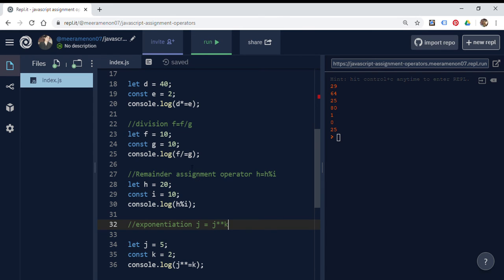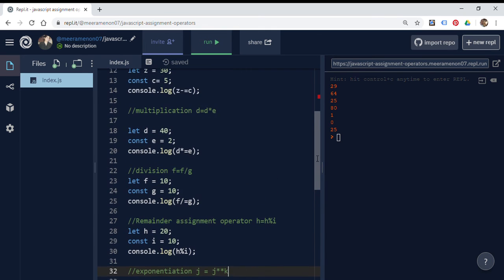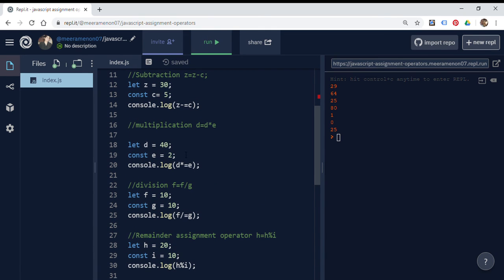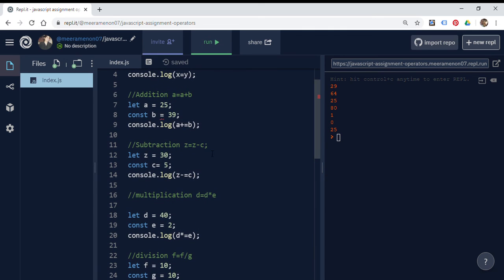Earlier you were dividing it by the right operand. Then earlier to that you were multiplying the left operand by e, in this case d by e, etc. Then before that you were subtracting 5, the right operand.